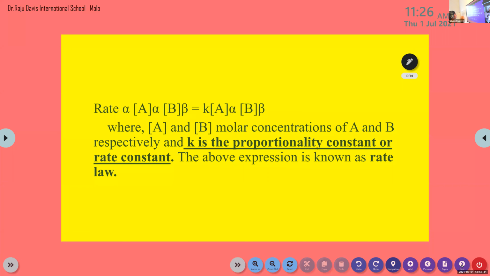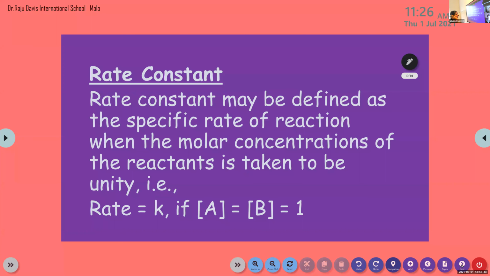Then the rate constant. How can we define this rate constant? K. Rate constant may be defined as the specific rate of reaction when the molar concentrations of the reactants are taken to be unity.